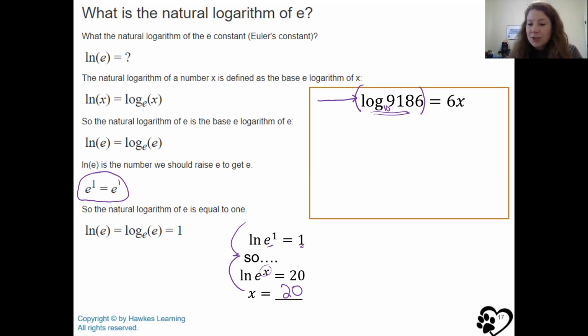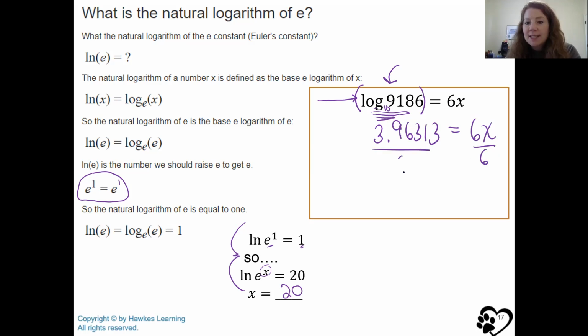The answer is 3.96313 is equal to 6x. This goes straight into your calculator right here, this section. And then if I want to solve for x, what would I do? What's the opposite of times 6?